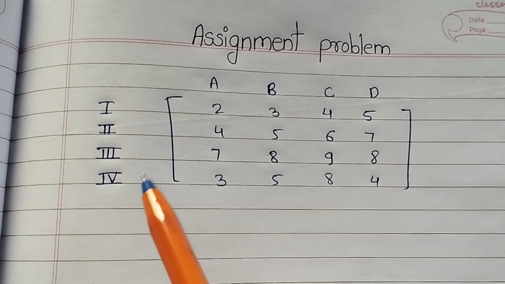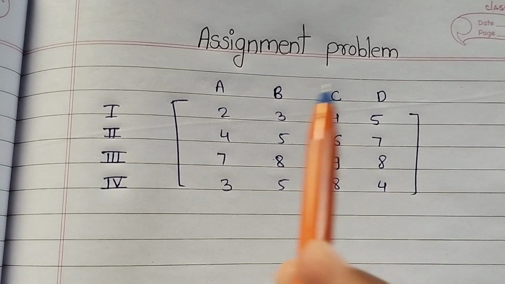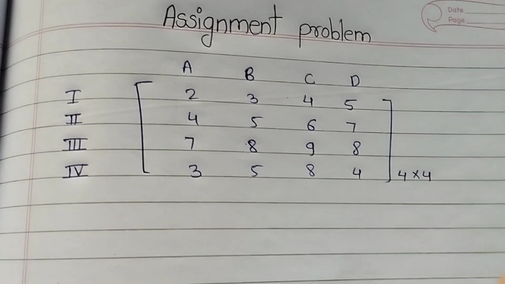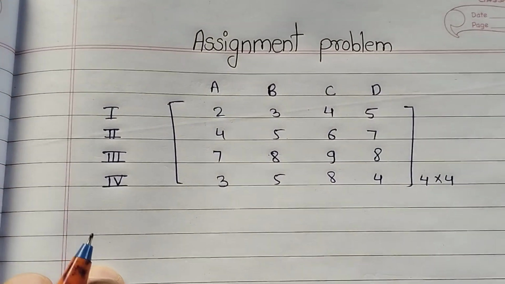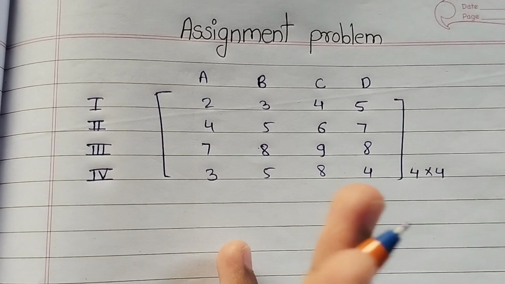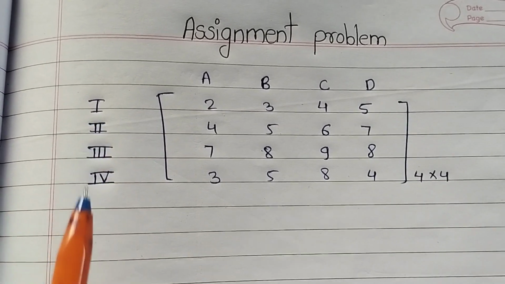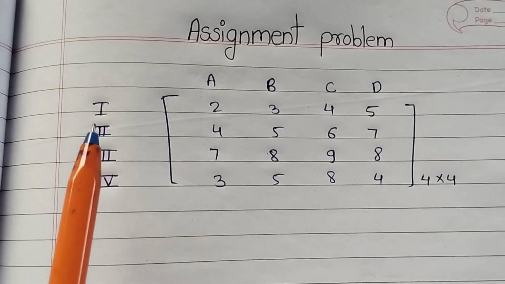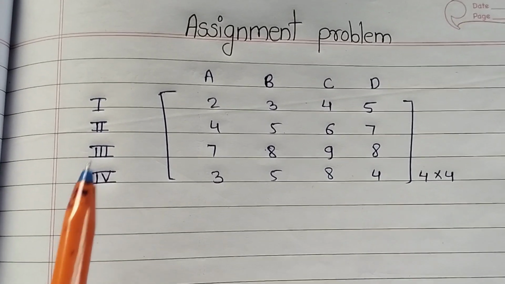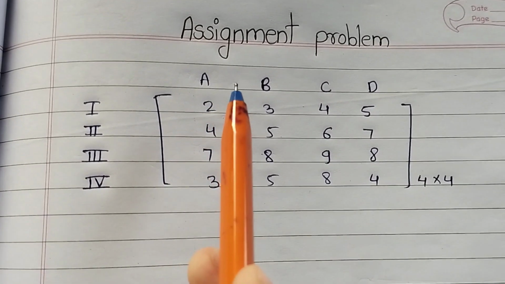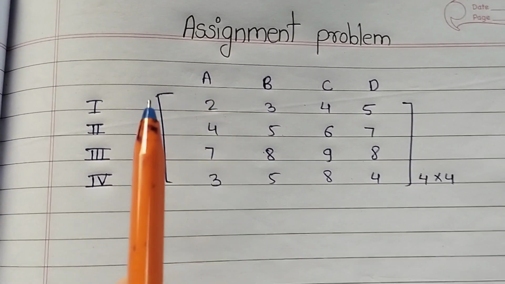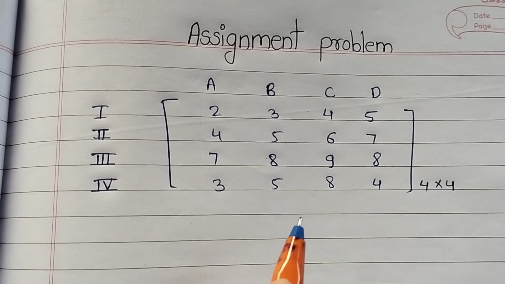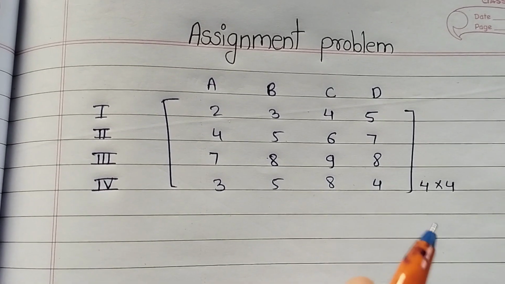If the number of tasks is 4, then the facilities are also 4. So this is a 4 by 4 balanced assignment problem. Unbalanced assignment problem means the number of tasks is not equal to the number of facilities. Suppose the tasks are 4, then the facilities are less than 4 or greater than 4. Then we call it an unbalanced assignment problem.